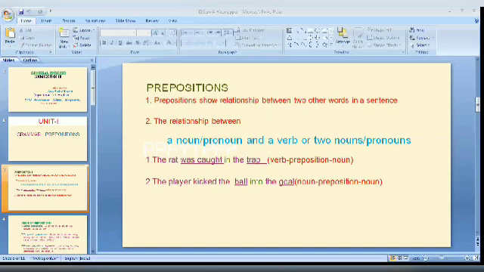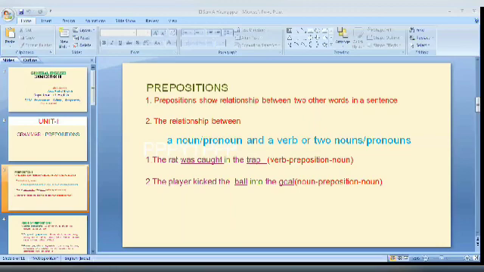And look at the second sentence. The player kicked the ball into the goal. If you carefully observe, there are two words underlined. The ball, and goal.